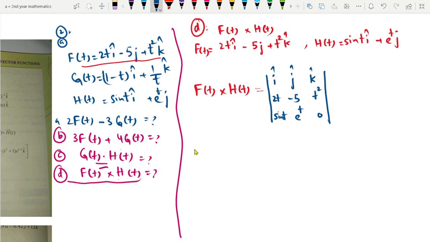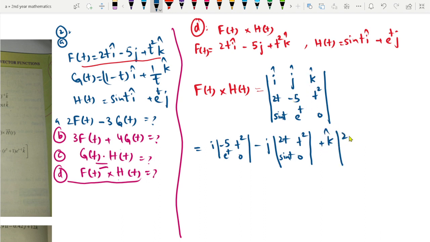Now expand by first row. So this will become i times minus 5 into 0 minus t square e of t, minus j times 2t into 0 minus t square sine of t, and plus k times 2t e power t minus minus 5 sine of t.